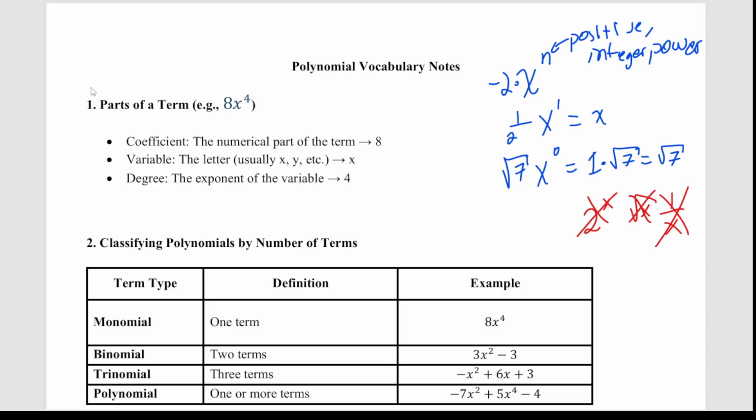And then once we have a polynomial, we want to be able to talk about its different parts. So in particular, on an individual term, your coefficient is always going to be that numerical part of the term, so it's whatever is being multiplied by the variable. And it should be a real number.